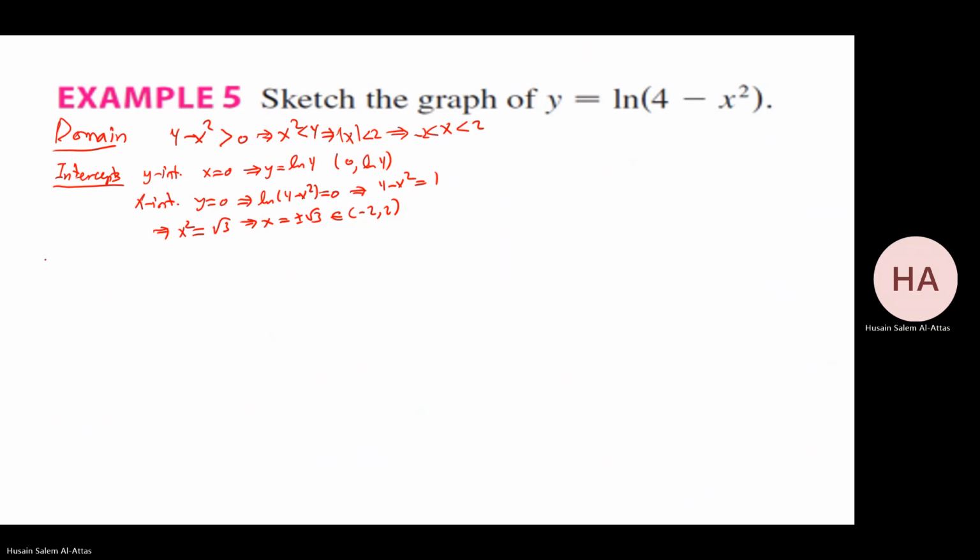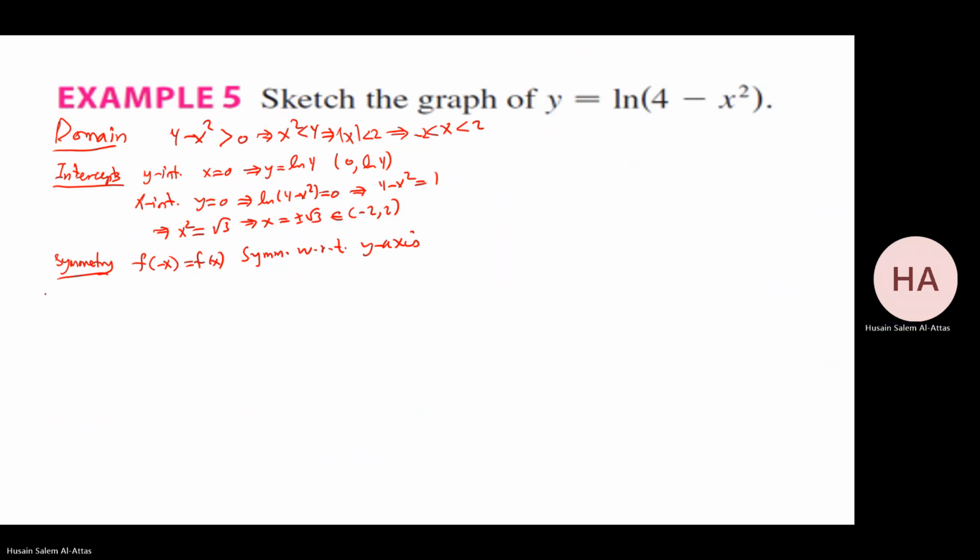Now, symmetry, very clear, f of minus x is equal to f of x. So it's symmetric with respect to the y-axis. So I just graph one part, the other part will come.